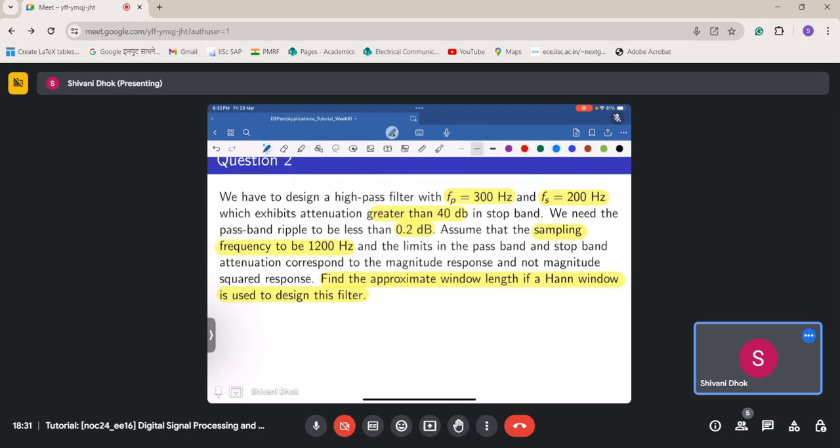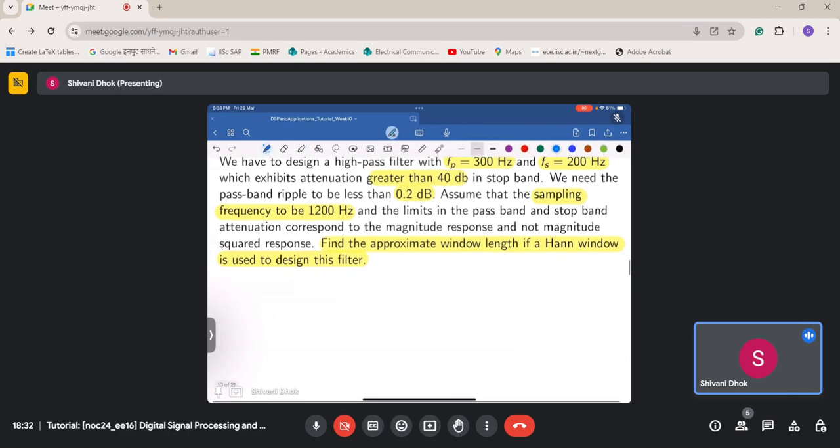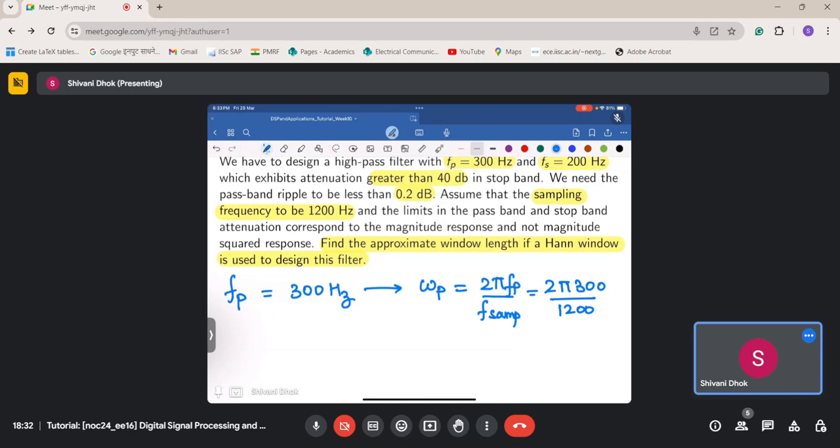So let's just write down whatever we are given here. We have this passband edge Fp as 300 Hz. Now this is analog, so we'll convert it to our digital frequency, that is omega p, which will be 2 pi Fp upon F sample, which is 2 pi 300 upon 1200, and this comes out to be equal to pi by 2.